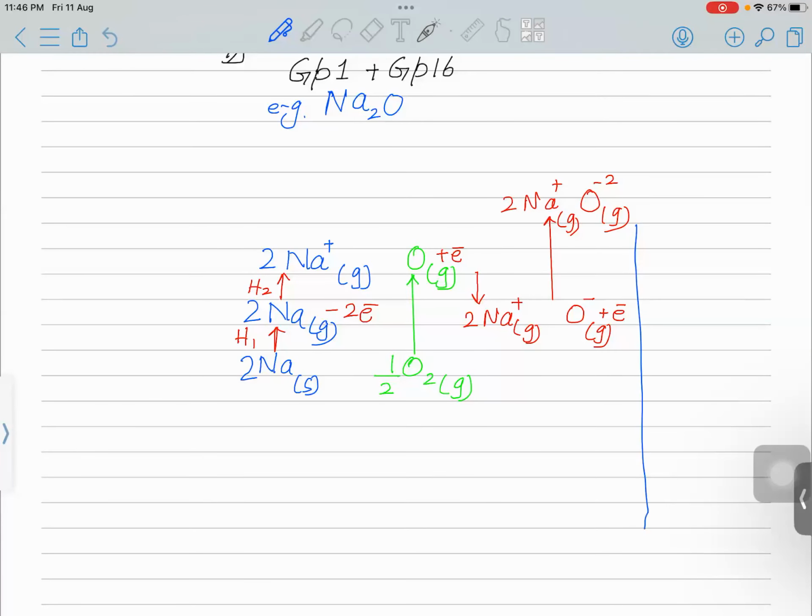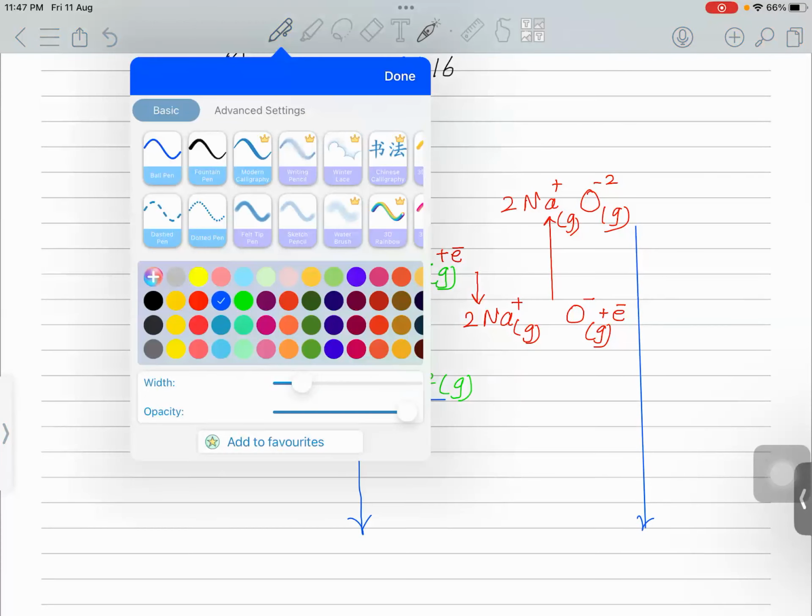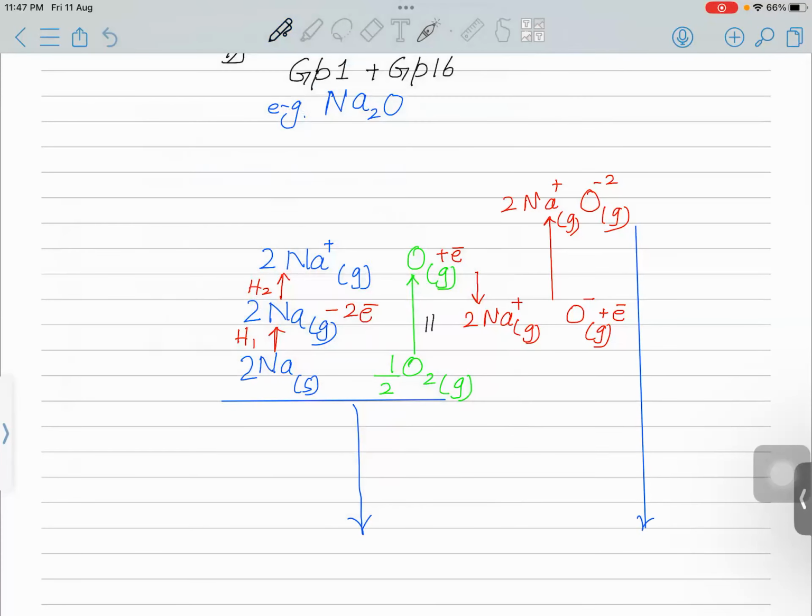Ionic bond is formed. Now, can you tell me this is H3, this is H4, this is H5, this is H6, this is H7.